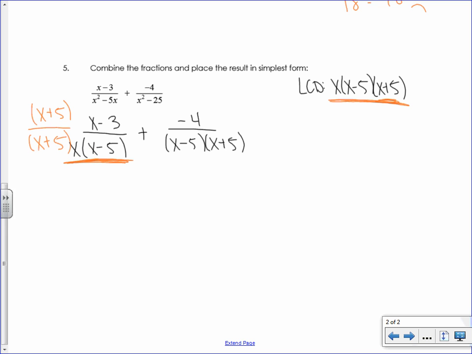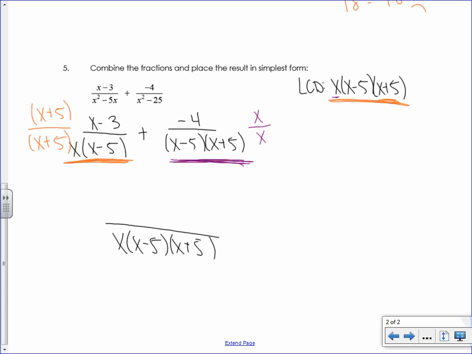I'm not changing what it's equal to. When I look at this term, it's already got the x minus 5 and the x plus 5, it's just missing the x. So I'm going to multiply top and bottom by x. And it looks a little messy, but now both of these denominators have x minus 5 and x plus 5, so I can smush these together.